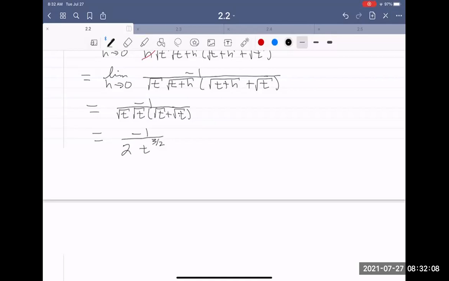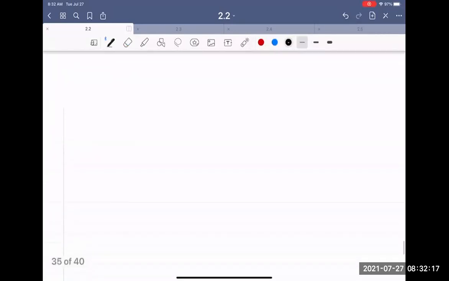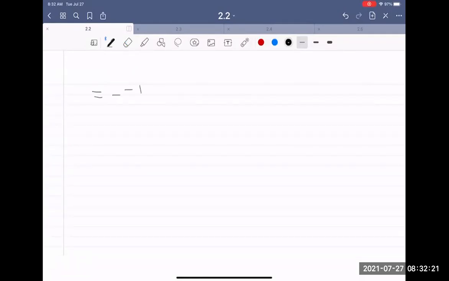So let's find the domain. And maybe I'll write it here. So this is equal to negative 1 over 2 t to the 3/2.